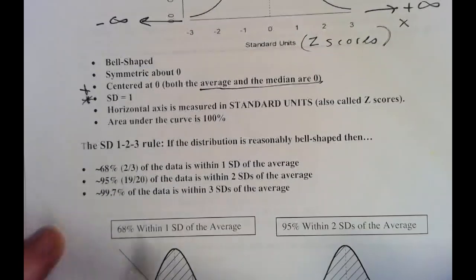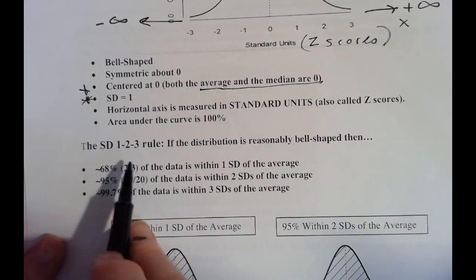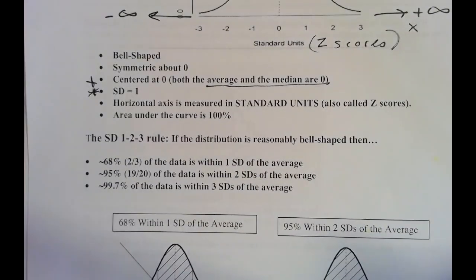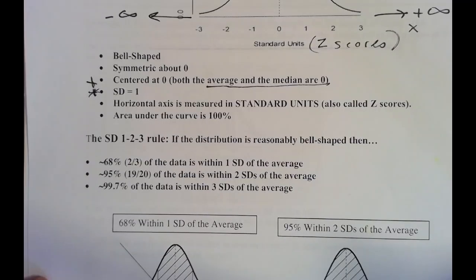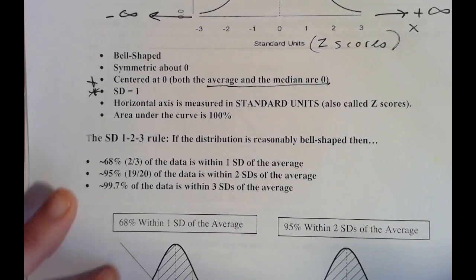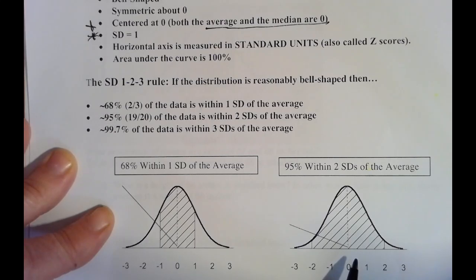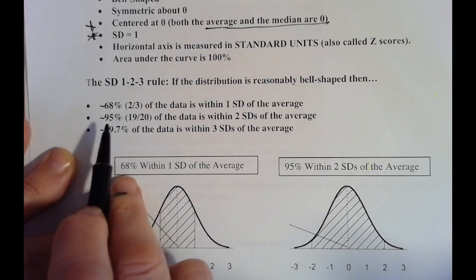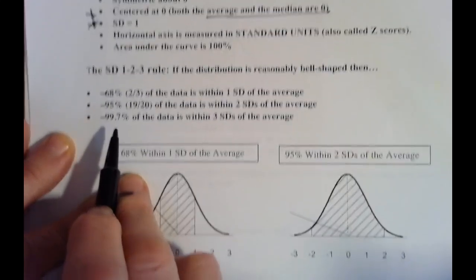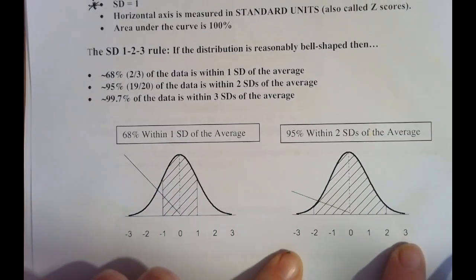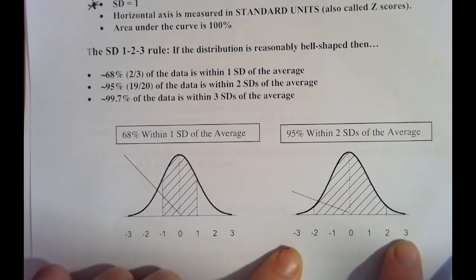So this standard deviation 1, 2, 3 rule comes in really handy. What it says is that 68% of the data is within 1 standard deviation of the average. About 95% is within 2 standard deviations of the average. And almost all the data, 99.7%, is within plus or minus 3.